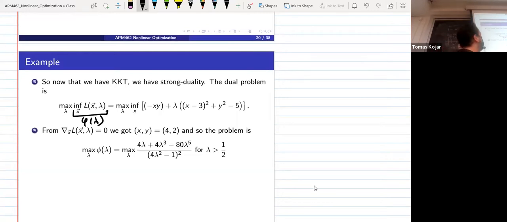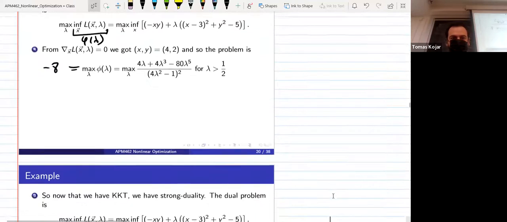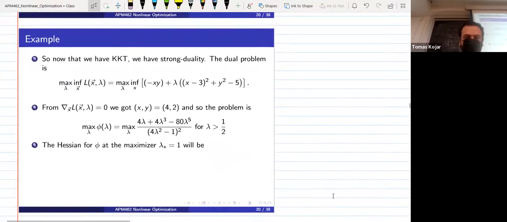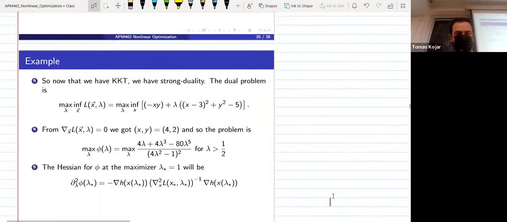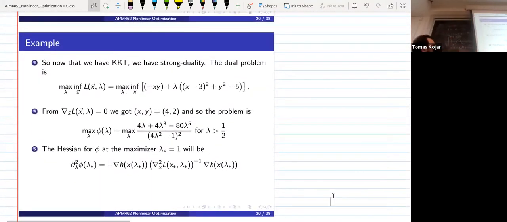So you plug it in, and you get this horrible looking dual function. And apparently, the maximum of that should be -8. So let's do it. And I have to verify my maximizer.